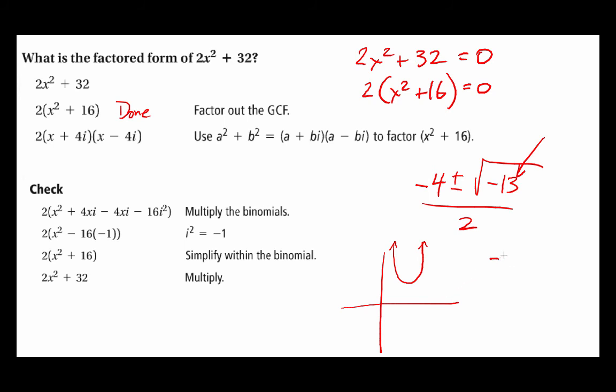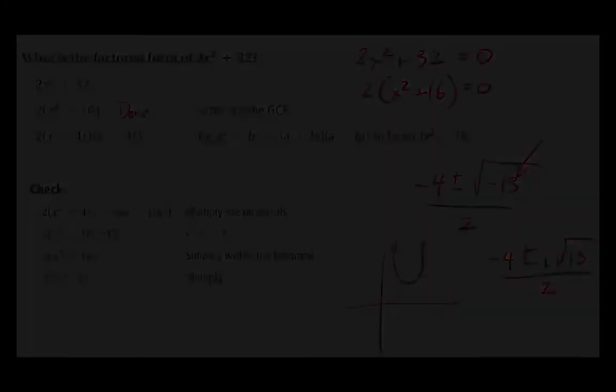What that means is that there are imaginary solutions. These real number solutions aren't x-intercepts of our parabola in the xy plane. They're going to have solutions in the complex plane. We're not going to look at that, but there are solutions here. They're just imaginary in nature.